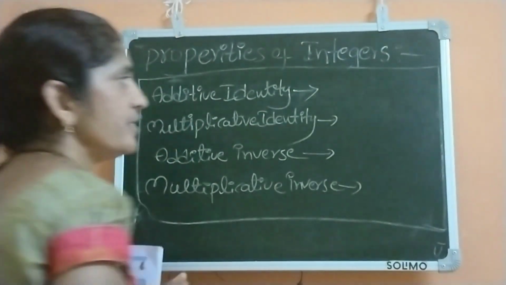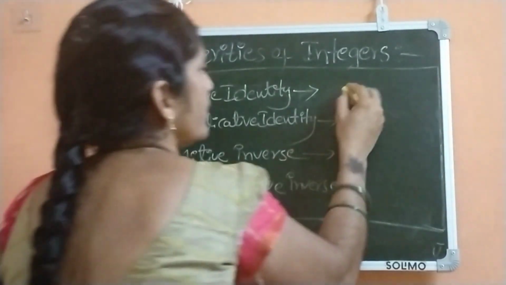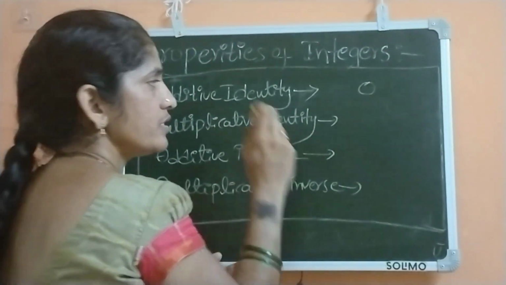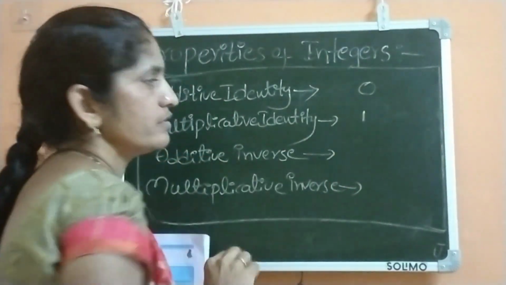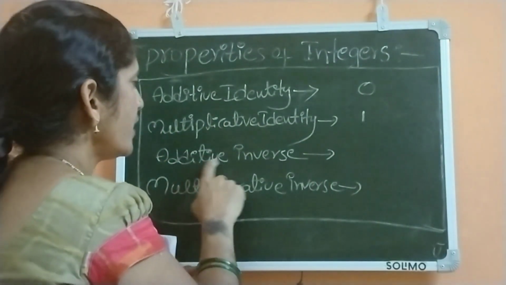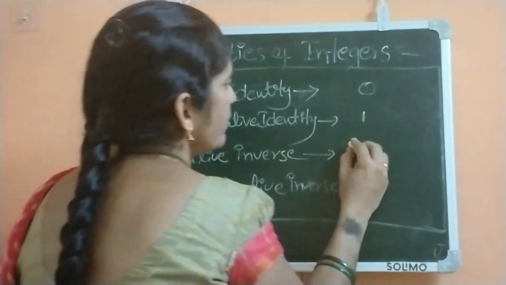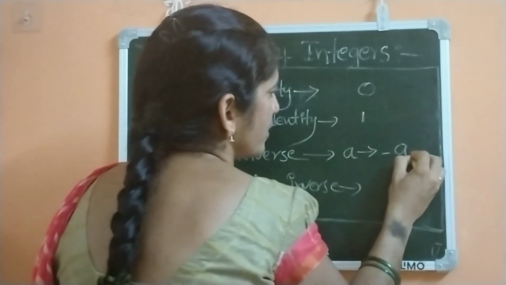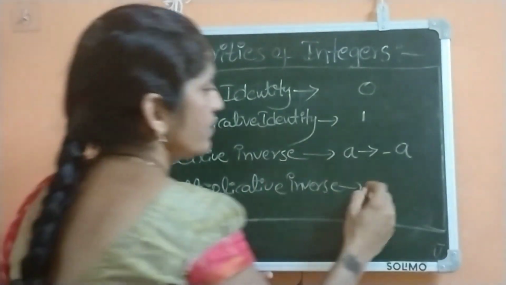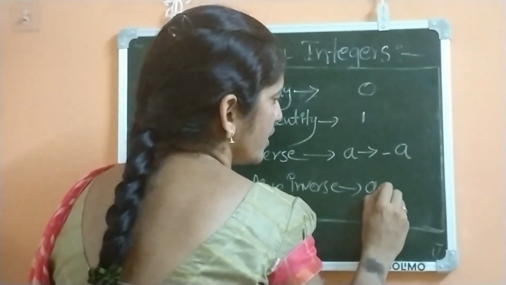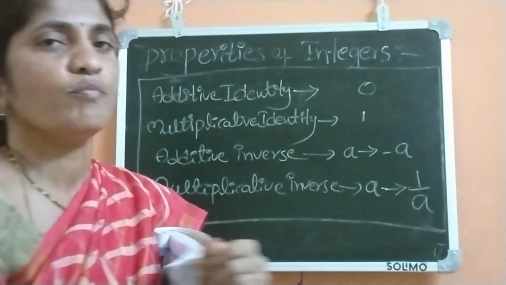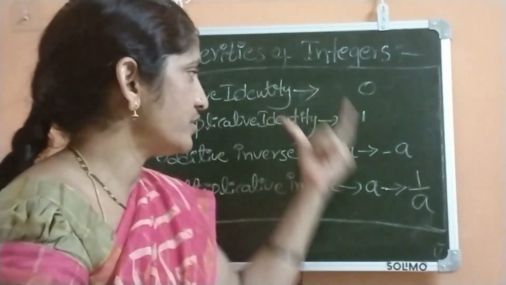Tell me, what is additive identity? When we add 0 to any number, we will get the same integer. So 0 is called additive identity. Multiplicative identity, 1, means when we multiply any number with 1, we will get the same number. Next, additive inverse means the additive inverse of a is minus a, and multiplicative inverse of a is 1 by a.